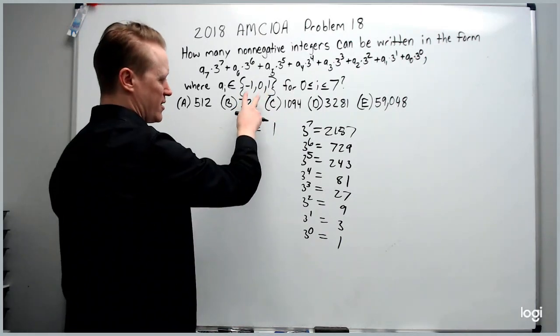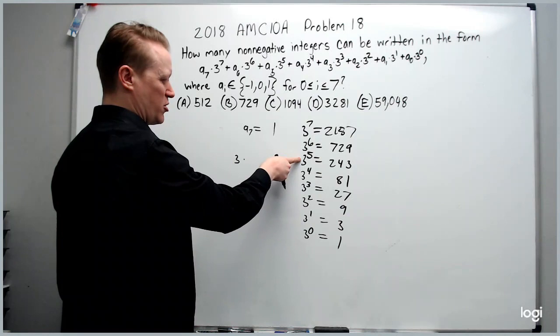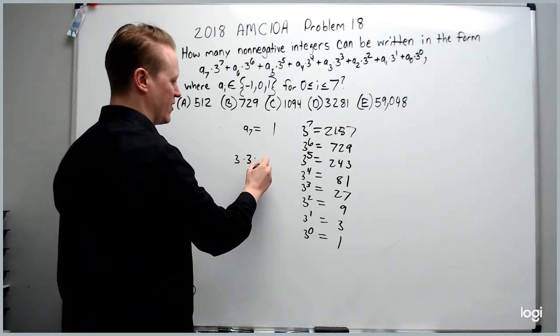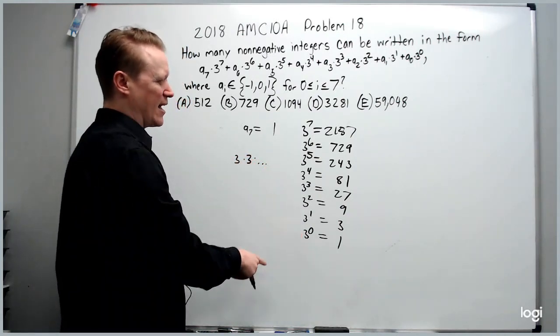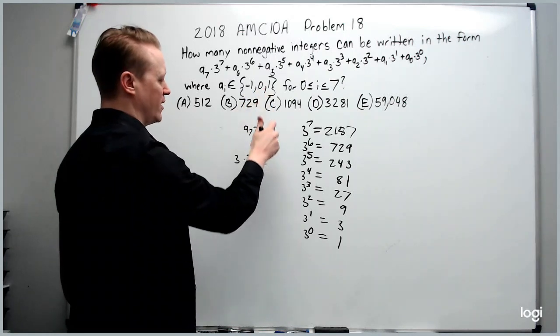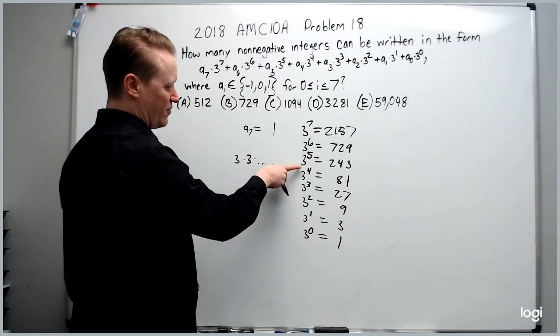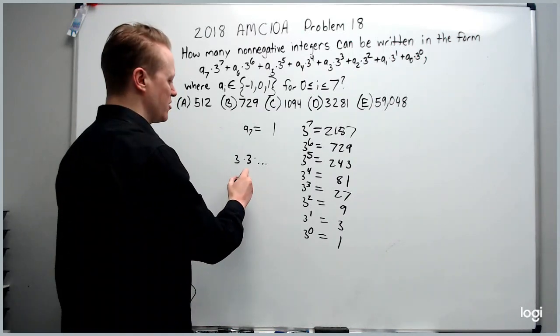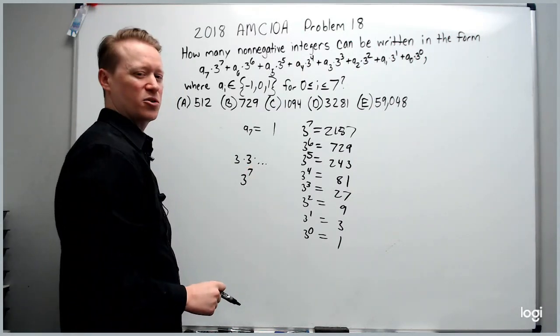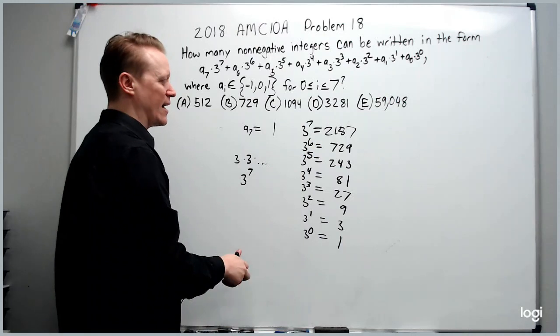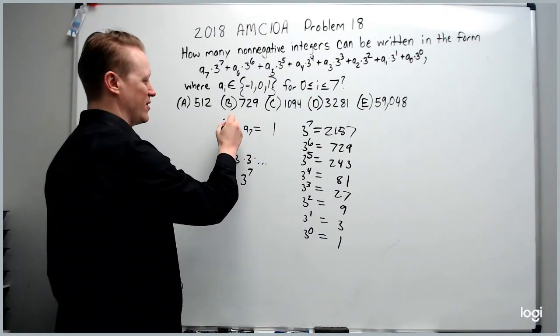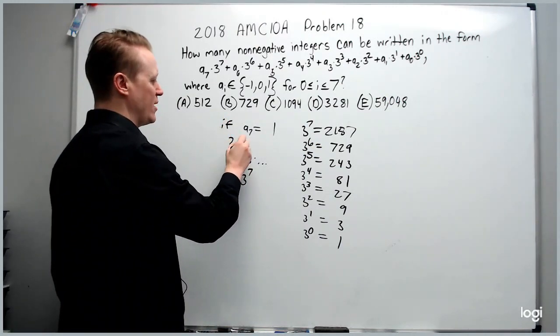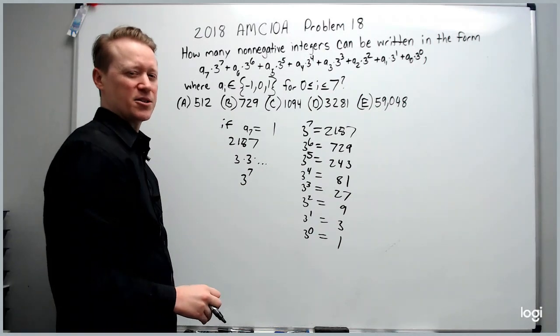So those 3 choices times the 3 choices we have for 3 to the 5th, and so on. Each of these has 3 choices for negative 1, 0, and 1. How many of these are there? From 6 to 0, there are 7 numbers. So you're going to have 3 to the 7th choices, and we've already calculated that. If a sub 7 is 1, you get 2187 such numbers.